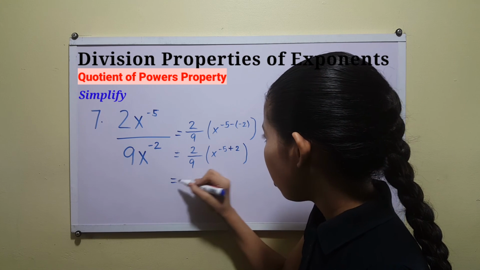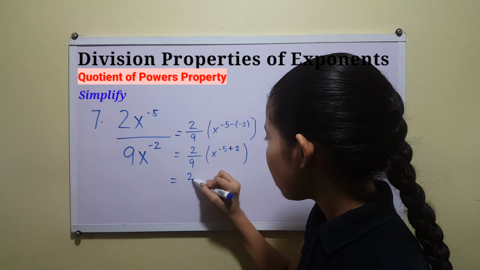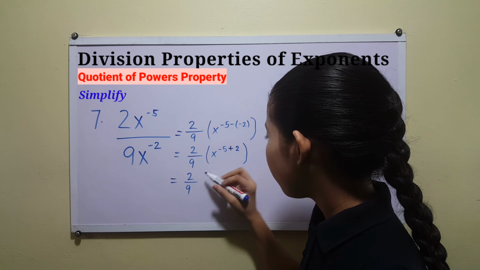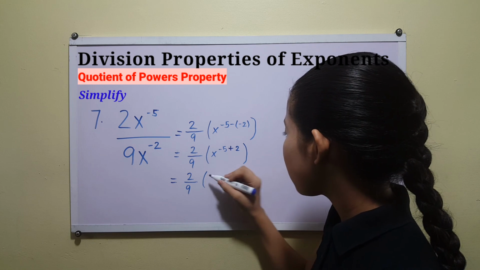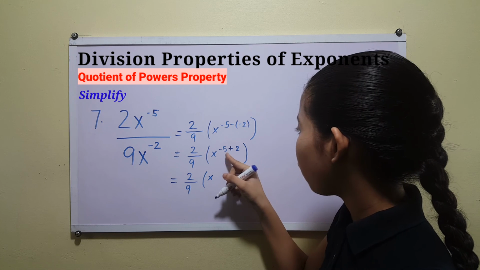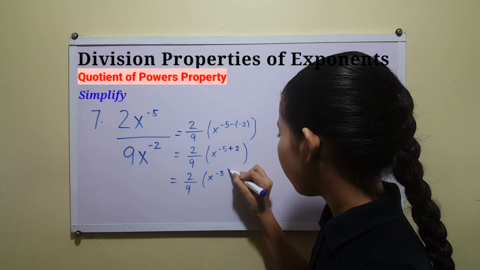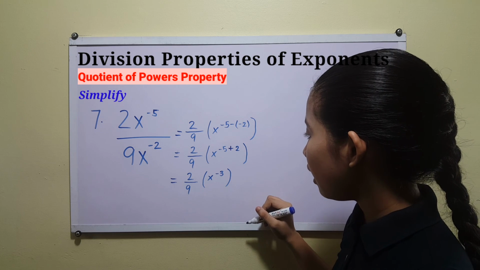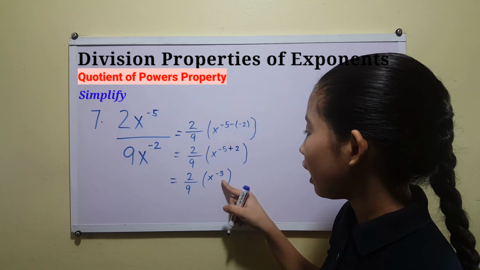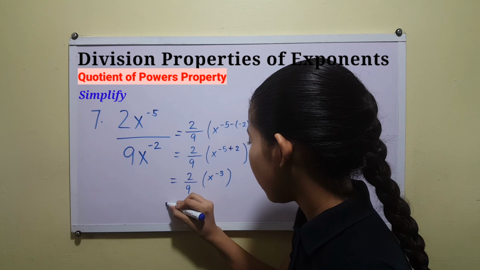Then we have 2/9 times x to the power of negative 5 plus 2 is negative 3. As you can see, x's exponent is a negative. So let us change x to its reciprocal.